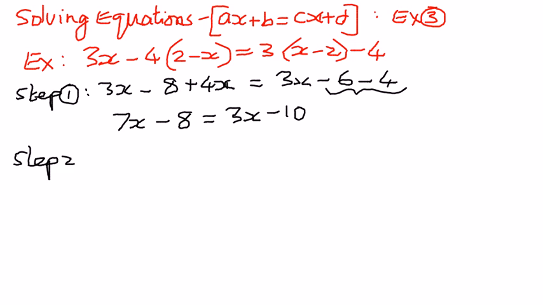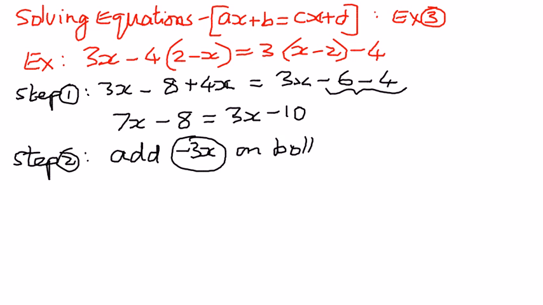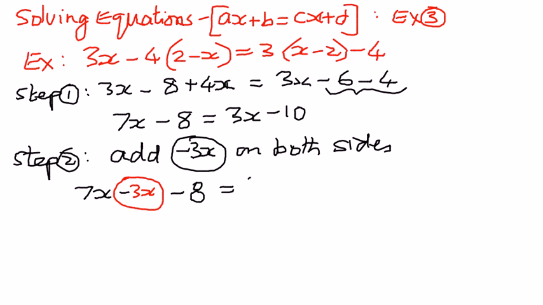Step number 2. What we want to do here is add negative 3x on both sides of the equation, and when we do that, this is what is going to happen. 7x minus 3x minus 8 is equal to 3x minus 3x minus 10.